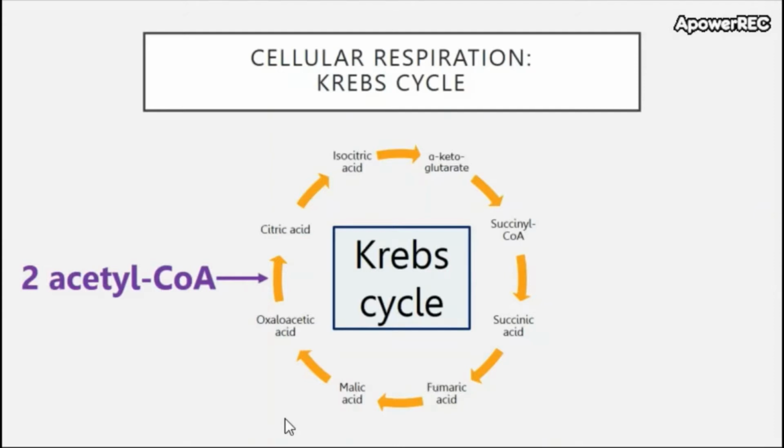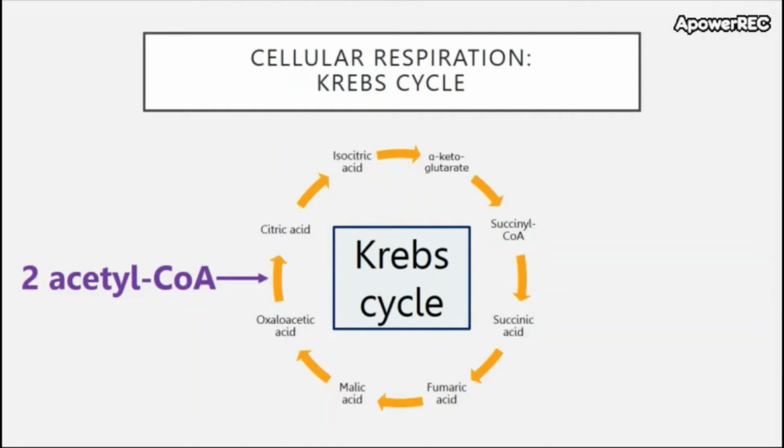The Krebs cycle is called a cycle because the final product can react with a new acetyl-CoA to make the first intermediate compound, citric acid, to continue this process. So the citric acid eventually becomes oxaloacetate, which then can react with another acetyl-CoA to regenerate another citric acid.